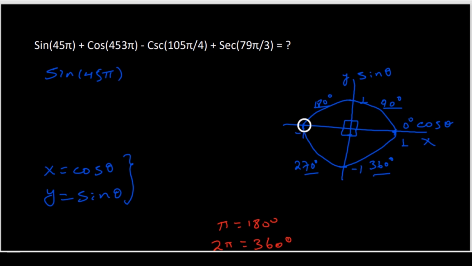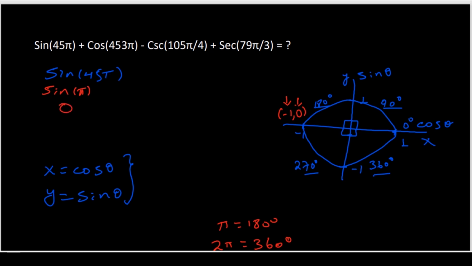And this point shows that the y value is 0. So this point right here is (-1, 0), negative 1 comma 0. This tells me that the x value, or cos pi, is negative 1, but sine pi is 0, right?